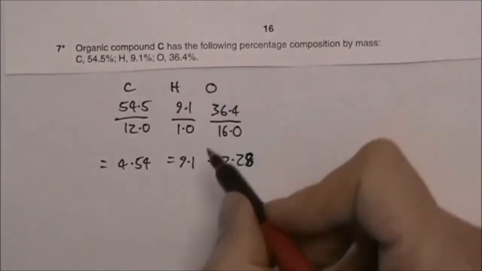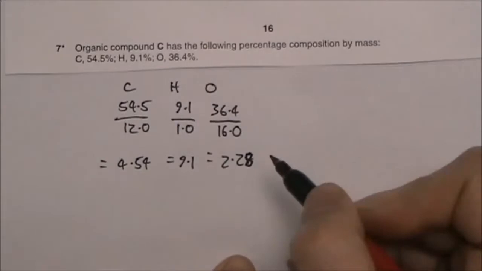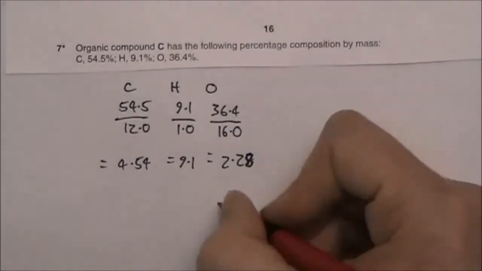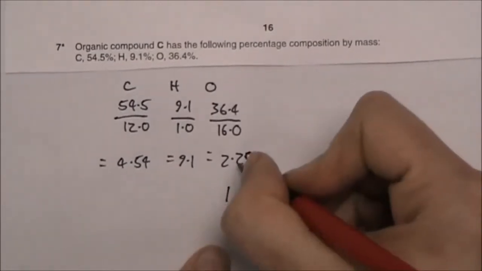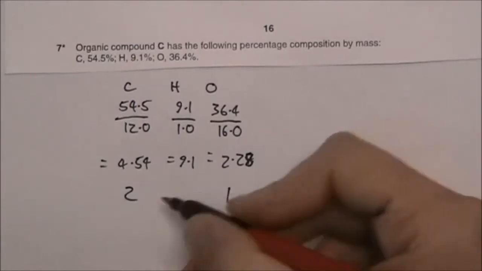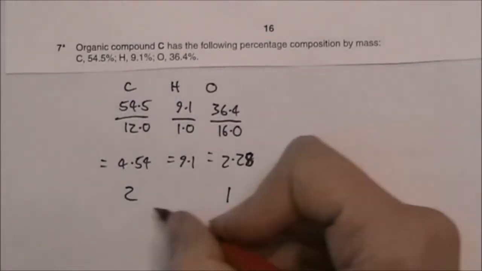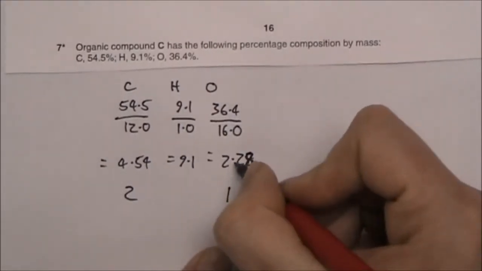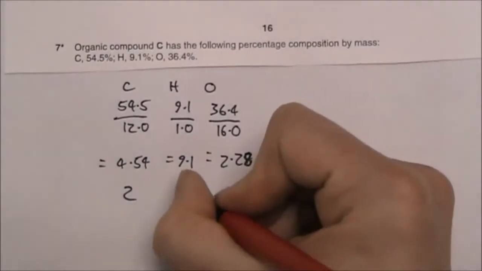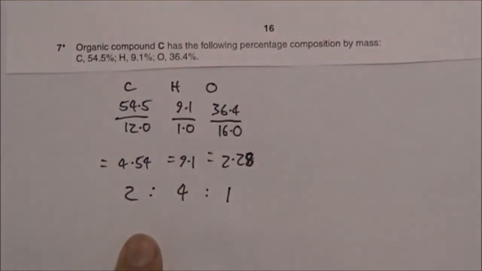And again, you can see that actually if we multiply that by 2, we get this one as well. So what we're saying here is our ratio is this to this to this, and therefore if that's the smallest one, that's a 1. This is roughly double that. If you put it through your calculator, it turns out as pretty much 2. And then this one, if you multiply it 4 times, you get pretty much that. So that's 1 to 4 to 2 is our whole number ratio of moles.